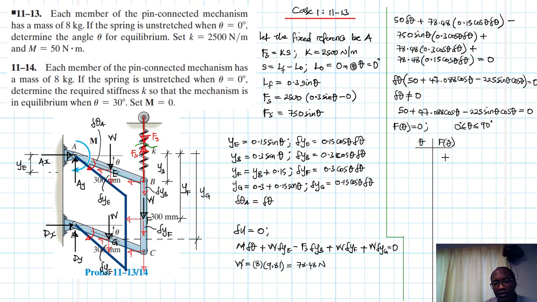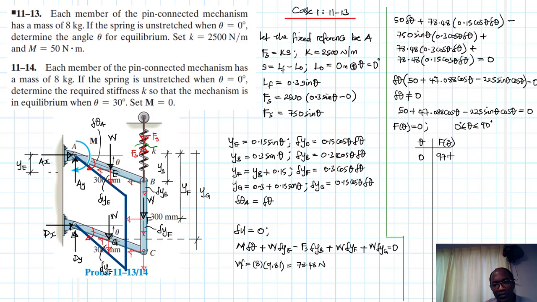So we have theta, the independent variable, and then the function, the dependent variable, which also acts as an error. So let's plug in 0 there. What do we get? We have 50 plus 47.088 cos 0, of course. This is just 97. The other part there is sine 0, so that part becomes 0.